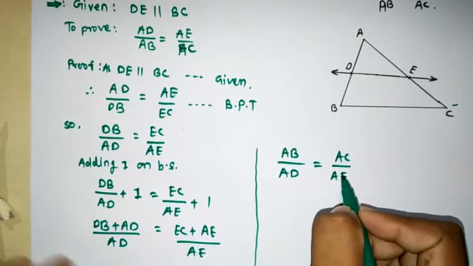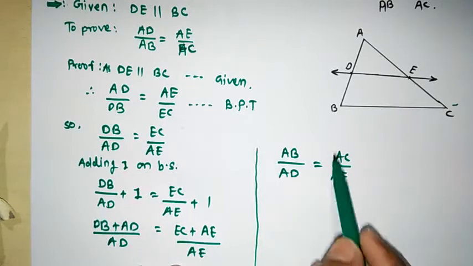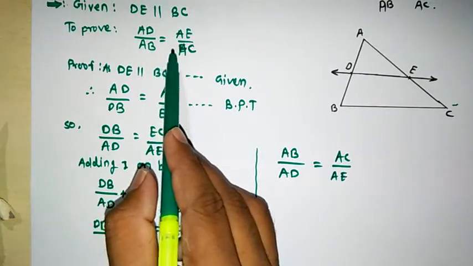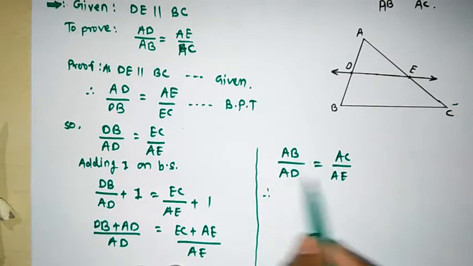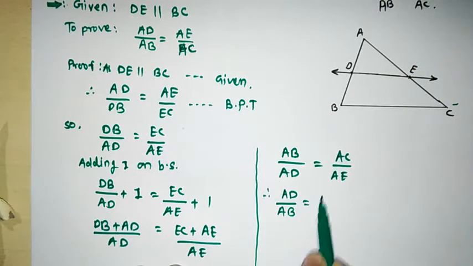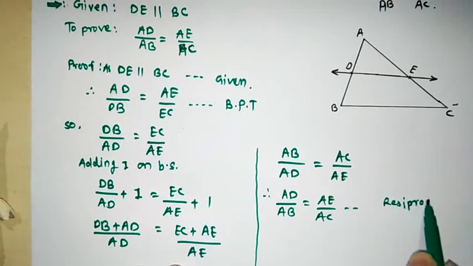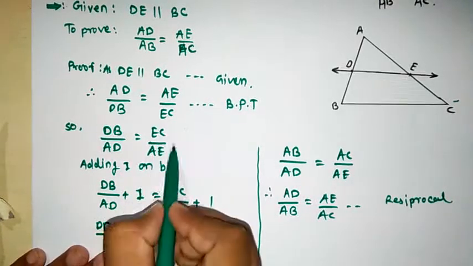Now again we have to do the reciprocal of this, because in the proof we want the reciprocal only. Therefore AD divided by AB is equal to AE by AC. Reason: it is a reciprocal.